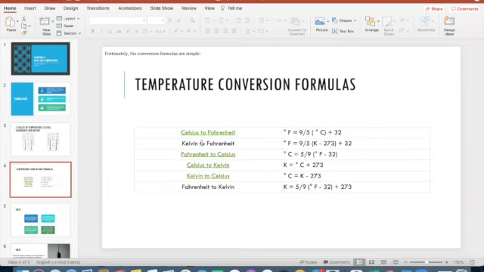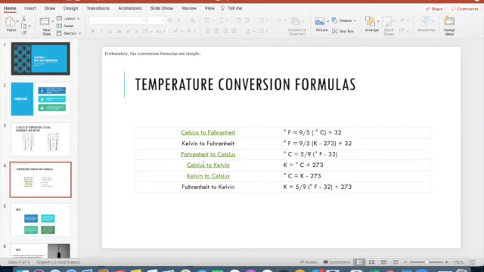Kelvin to Fahrenheit, that's where you have Fahrenheit is equal to 9 divided by 5, and then your degree temperature in Kelvin, minus 273, plus 32 degrees. From Fahrenheit to Celsius, you have Celsius being equal to 5 divided by 9 times your Fahrenheit minus 32 degrees, and that's in parentheses.